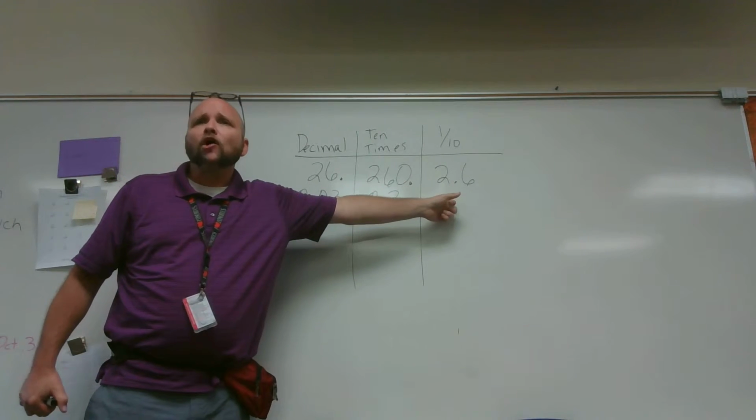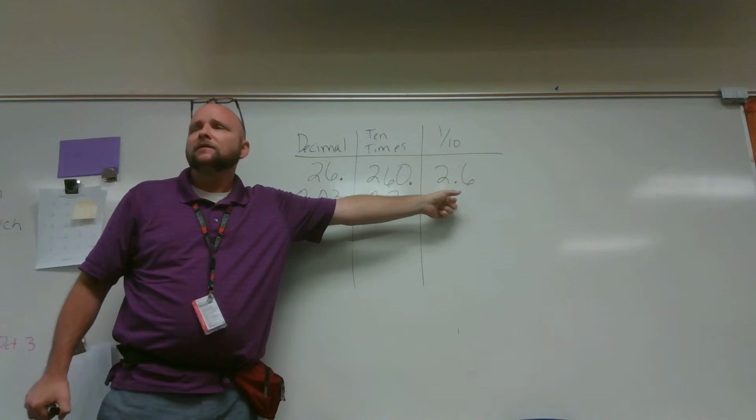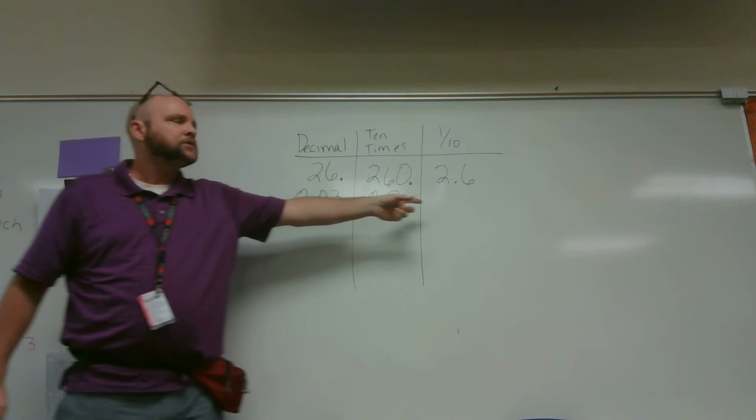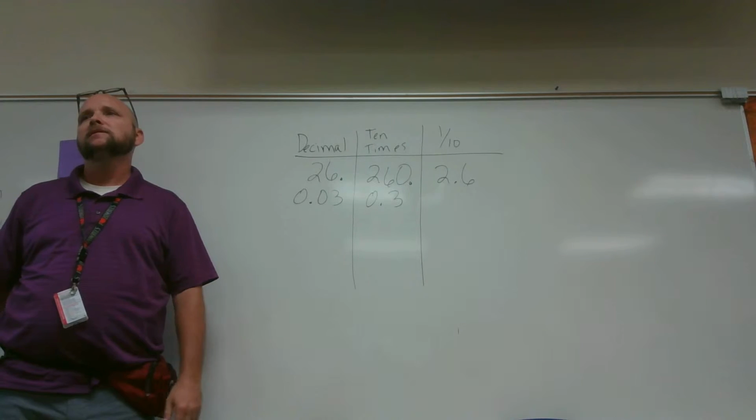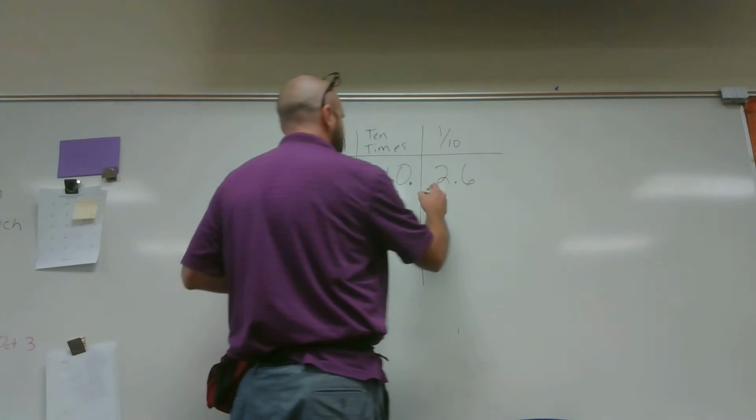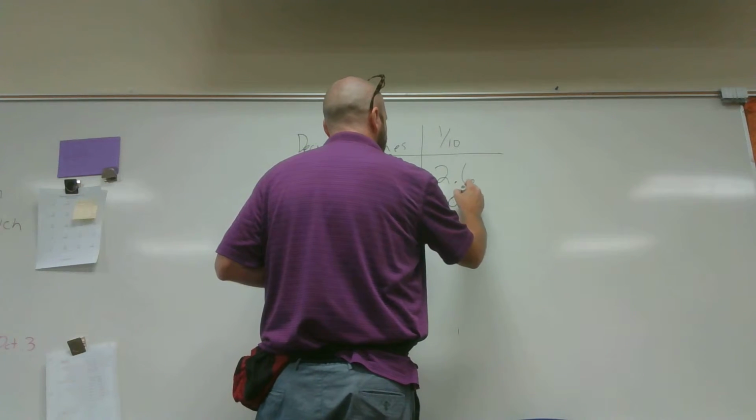Now, I'm multiplying it by 1/10, which is smaller than 1. So I need to make this number smaller. Which way do I move the decimal point? To the left.